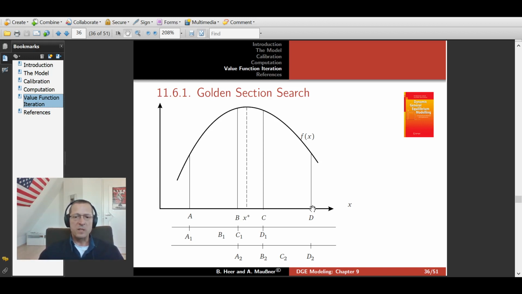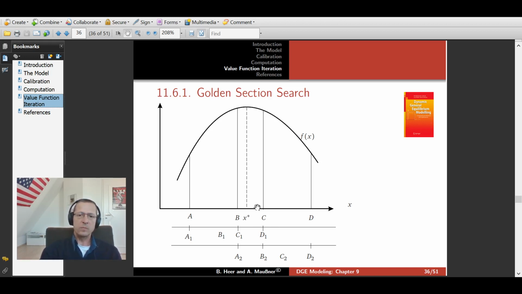So it makes sense to choose these two intervals of equal length. a, c should be equal to b, d, because we do not want to end up in a larger interval, in a case that's not really convenient. So we choose these two intervals the same size.